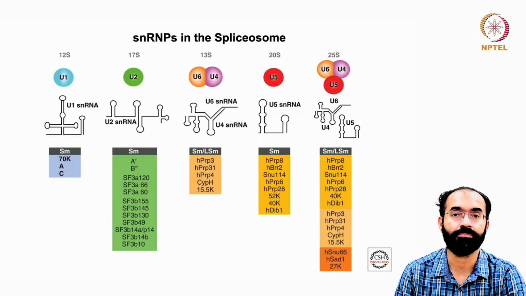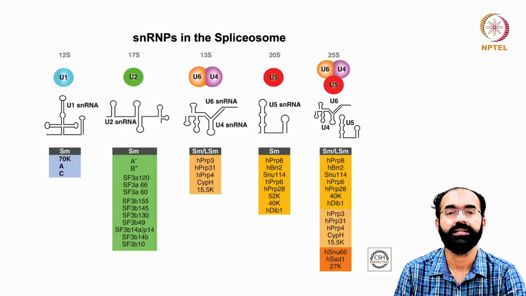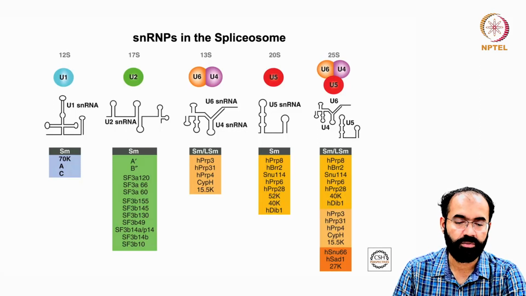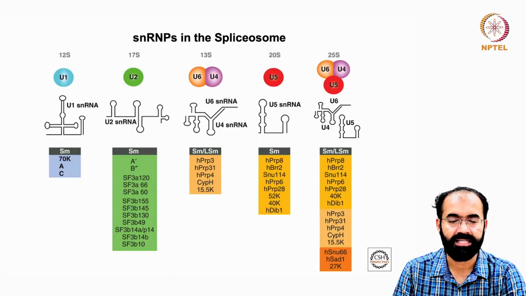We'll see about Sm proteins in detail in a future class, because if I start talking about them now, it will be out of context. For the time being, understand that this is the structure of each of these snRNAs.